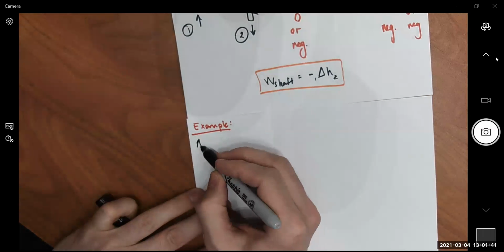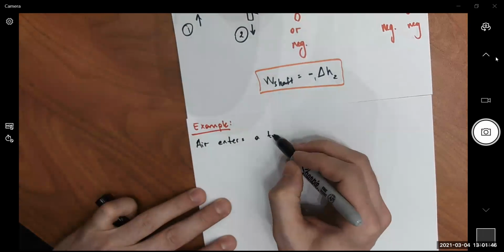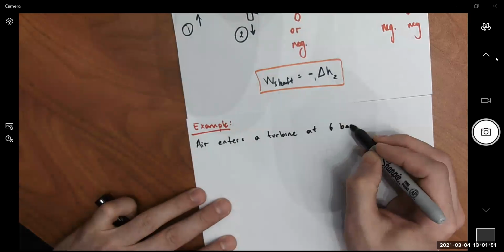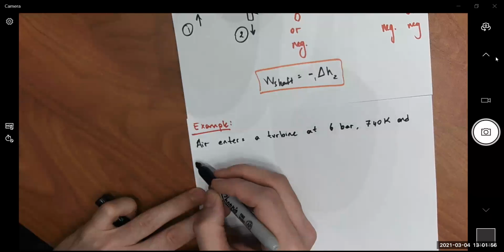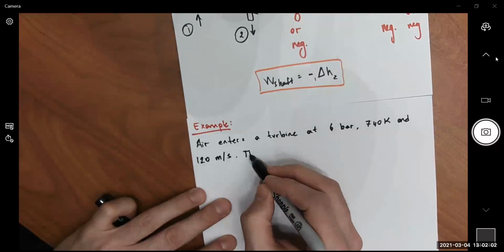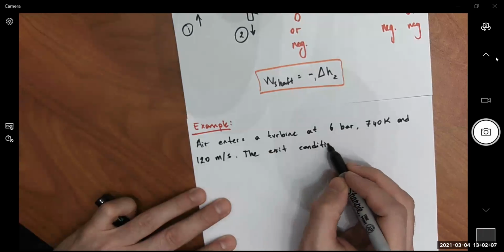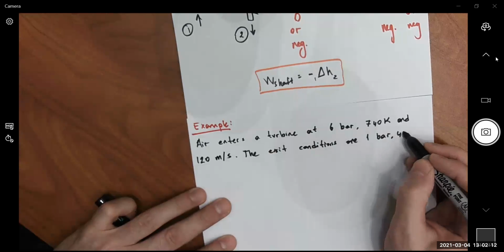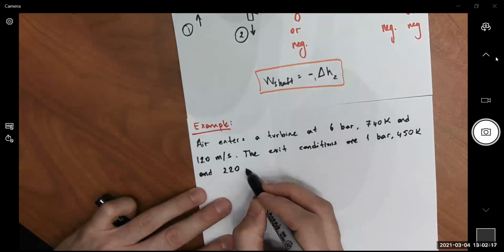Example. Here air enters a turbine at 6 bar, 740 Kelvin, and 120 meters per second. The exit conditions are 1 bar, 450 Kelvin, and 220 meters per second.